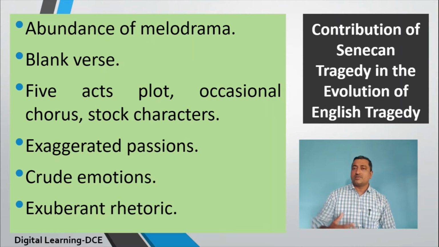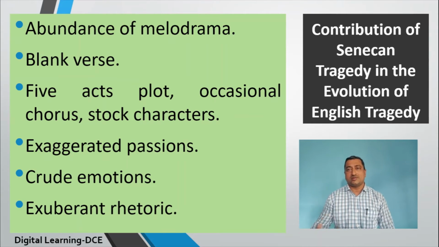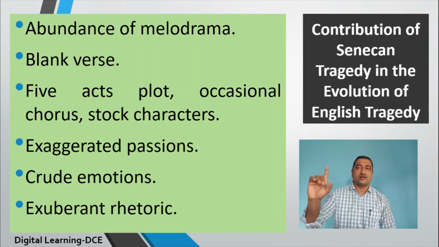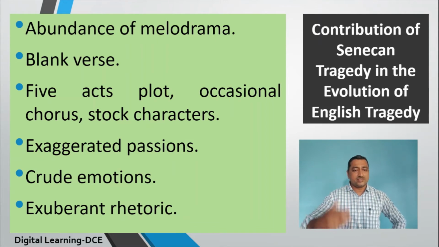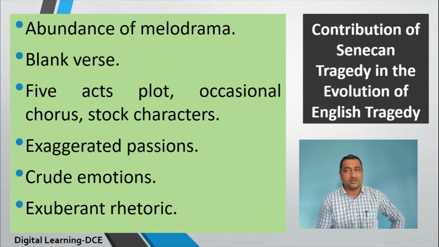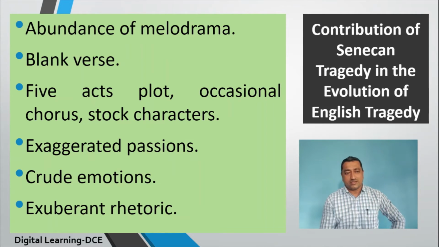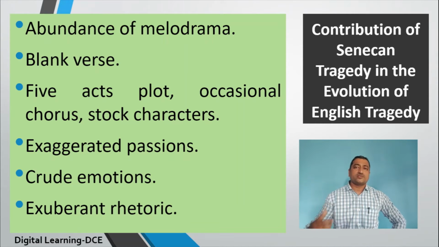Okay, so in blank verse, of course, they use iambic pentameter, a line of 5 feet. But at the end of every line there is no rhyme, like in Twinkle Twinkle Little Star, how I wonder what you are and star. This is rhyming. This rhyming is never followed. That's a popular nursery rhyme, right? So that kind of rhyming is not followed in blank verse. Okay, so blank verse was the popular form brought from the Senecan model.